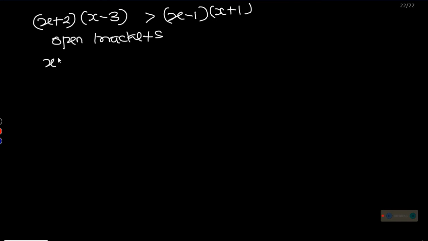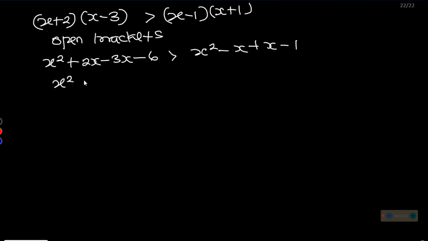We have x squared plus 2x minus 3x minus 6 greater than x squared minus x plus x minus 1. And then we can collect like terms here. We have x squared minus x minus 6 greater than x squared minus 1.